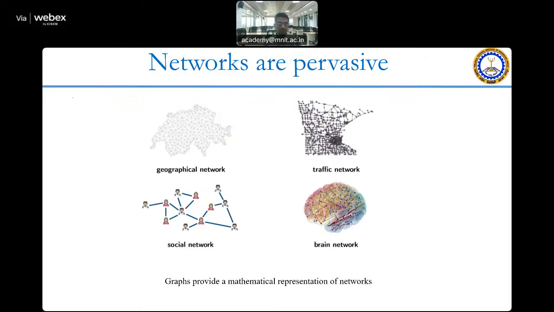So this is the thing, geographical network.